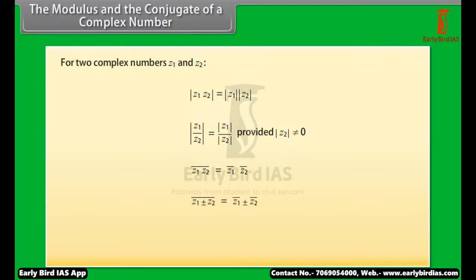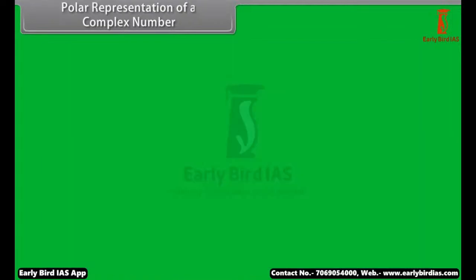Complex conjugate of z1 plus minus z2 is equal to complex conjugate of z1 plus minus complex conjugate of z2. Complex conjugate of z1 by z2 is equal to complex conjugate of z1 by complex conjugate of z2, provided z2 not equals to 0. Polar representation of a complex number.